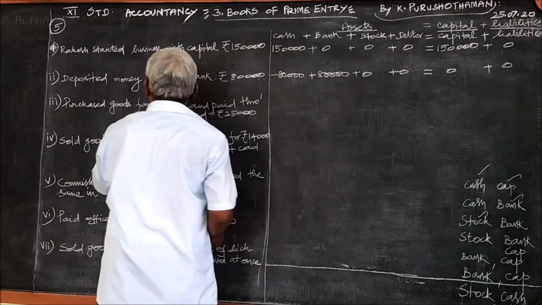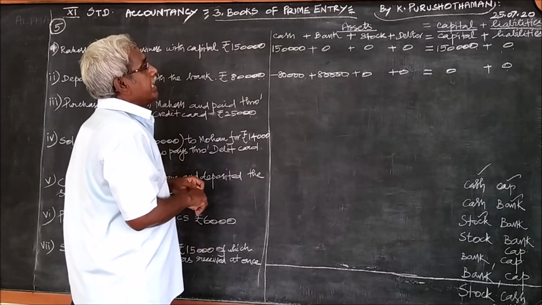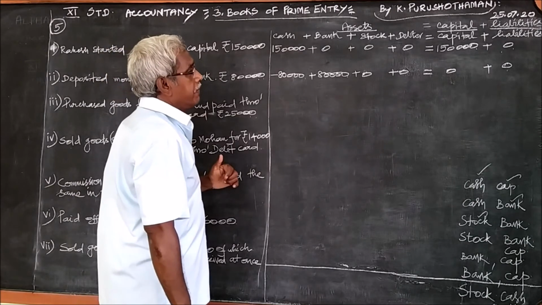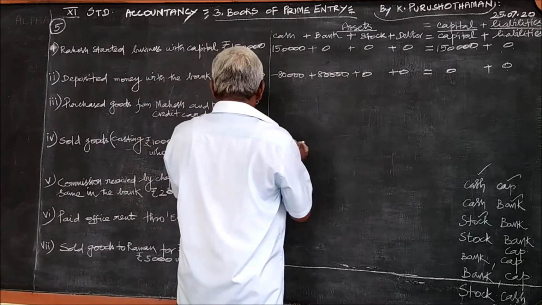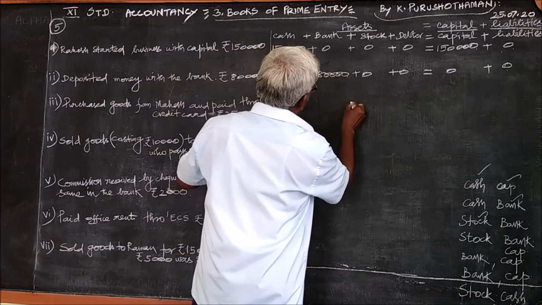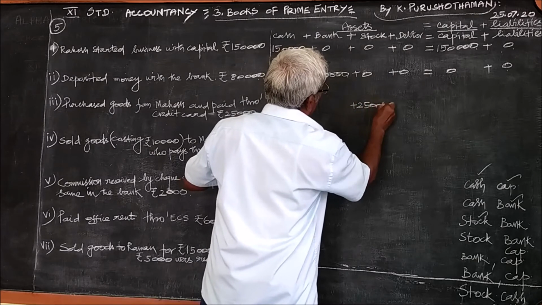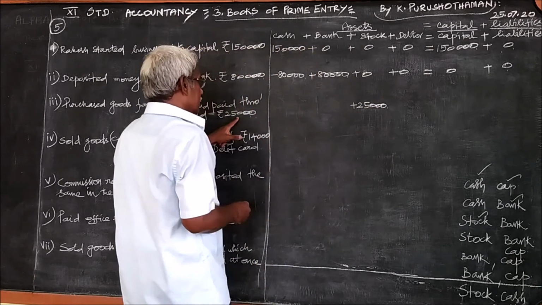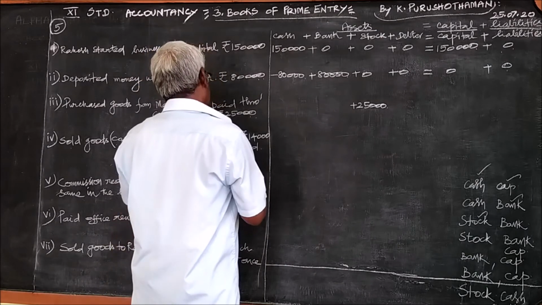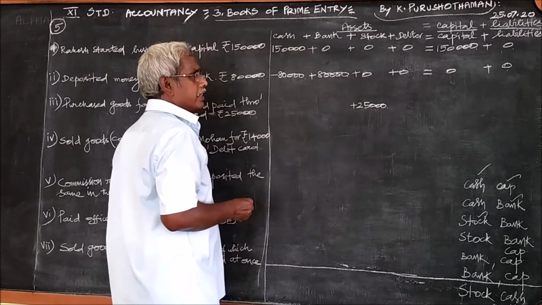Then third one. Purchased goods from Mahesh and paid through credit card. When we buy goods, we receive the goods for rupees 25,000. So stock 25,000. We receive the goods. And we paid through credit card, whatever the bank mode.